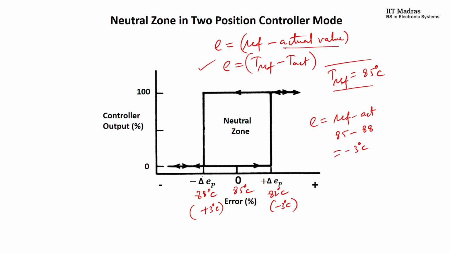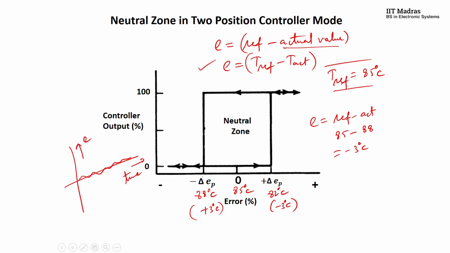This neutral zone. So what we have here is, for example, you assume a situation wherein you have a heater with this neutral zone. As we go along, you will understand what is actually a neutral zone. So when the error is going up and down around zero value, this is the time and this is the error.